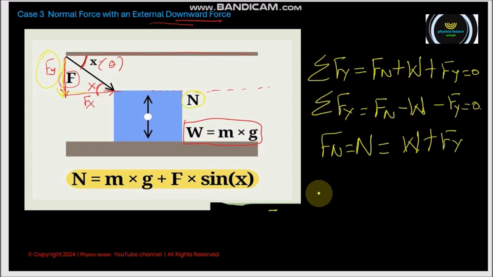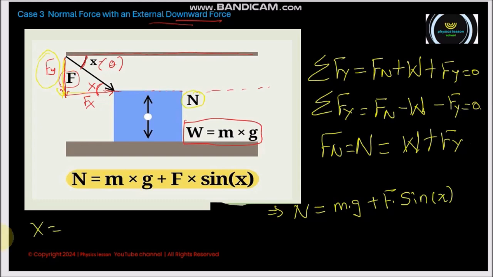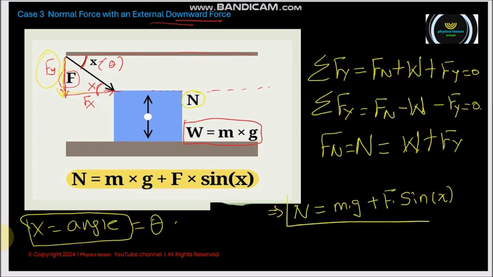This implies the normal force is equal to the weight, mass times gravity, plus Fy, which means this force F times sine x. X is the angle. Don't forget, sometimes they give you theta, it's common. So we can calculate the normal force like this in this case.